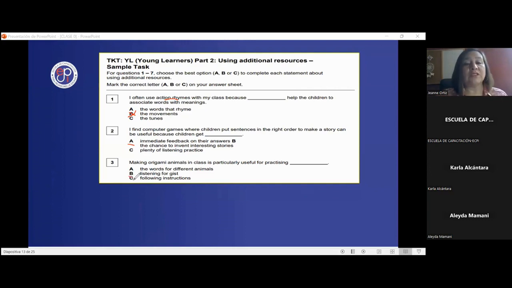Excellent. You see? These are things that we have in our lessons. But sometimes we think and say, aha, this was the name of this activity that I work on here, right? So this is the correct answer.